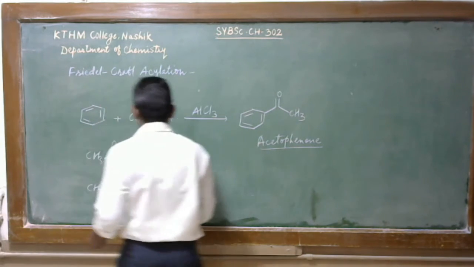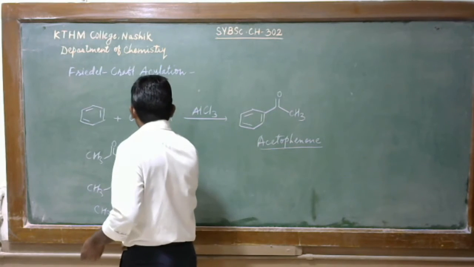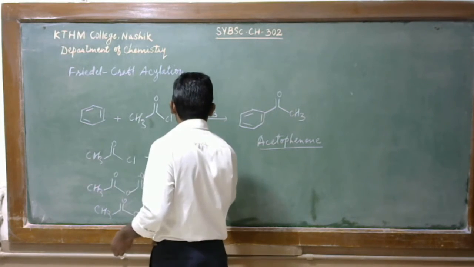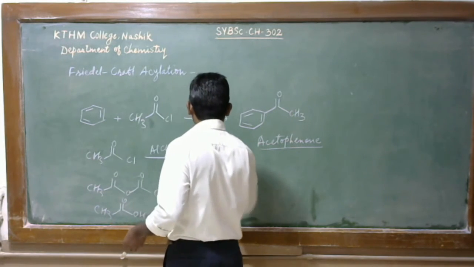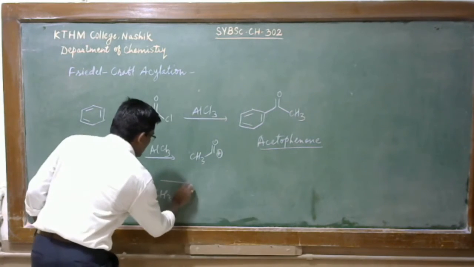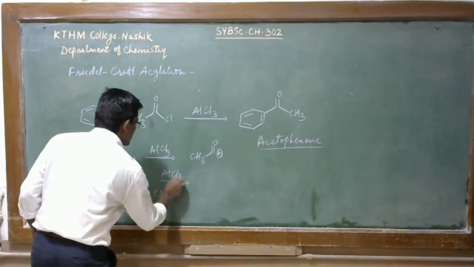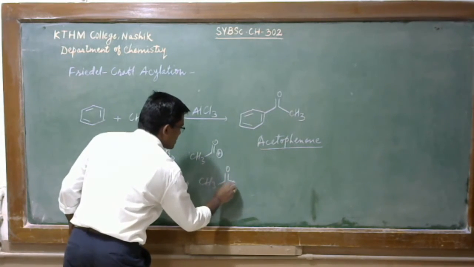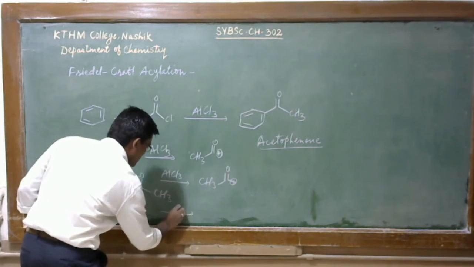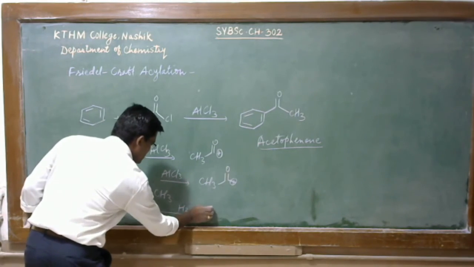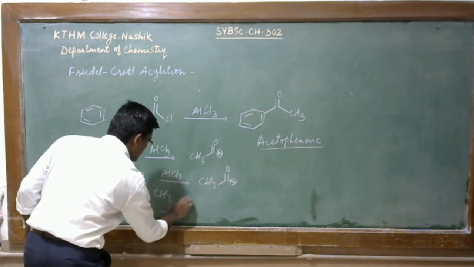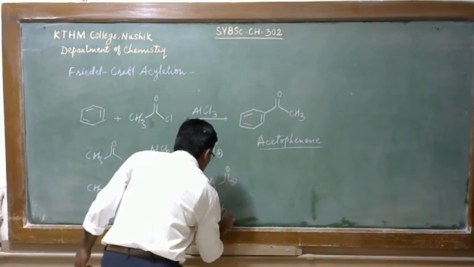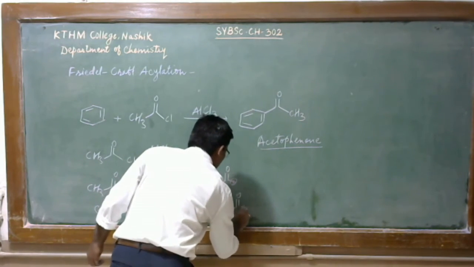So with AlCl3 we can generate this acylium ion, and in the presence of H2SO4, or simply H plus, we can generate this acylium ion.